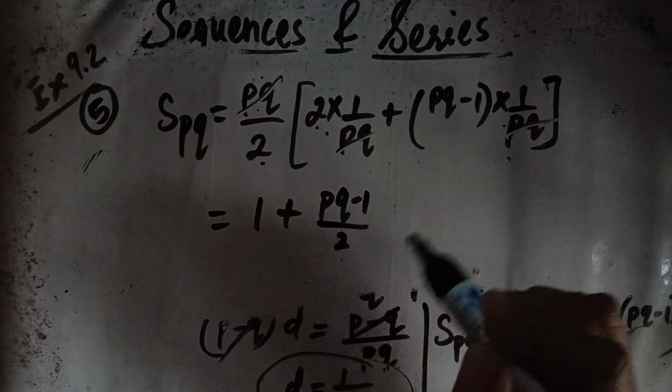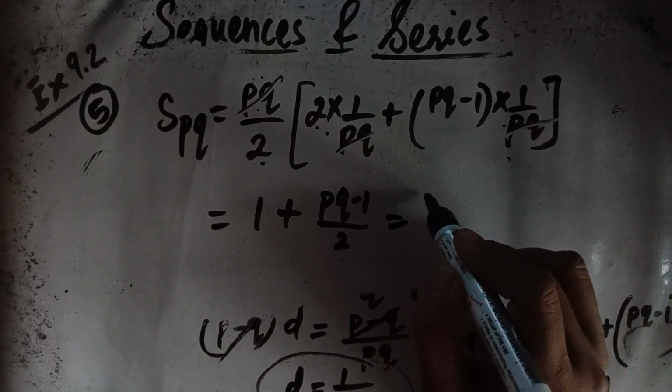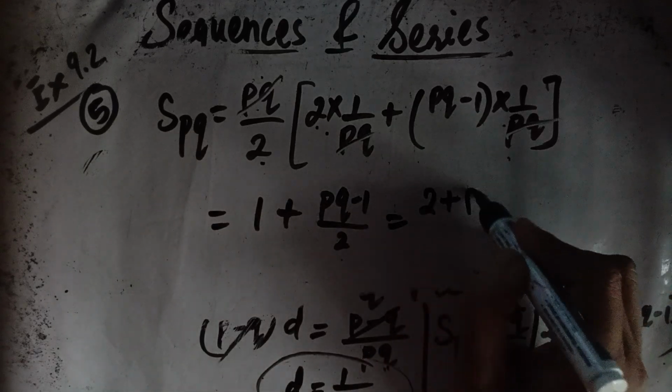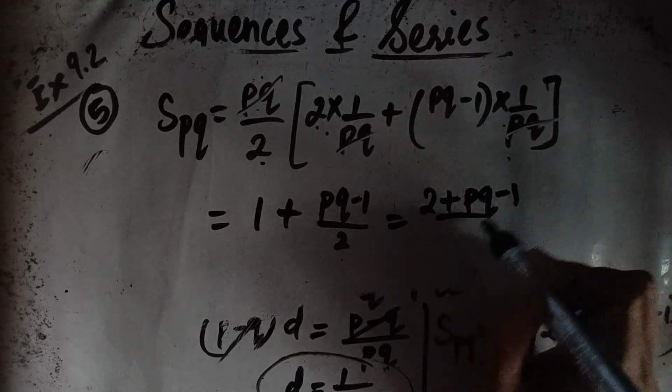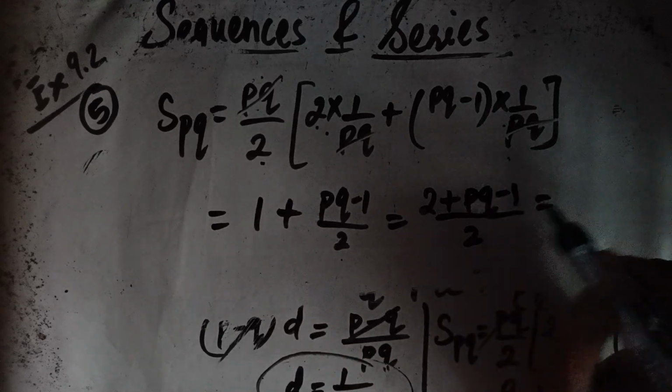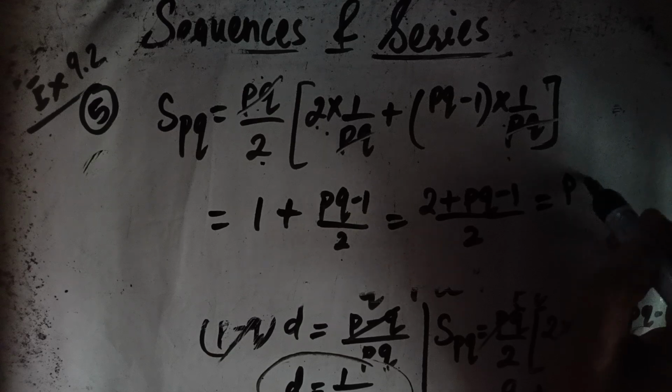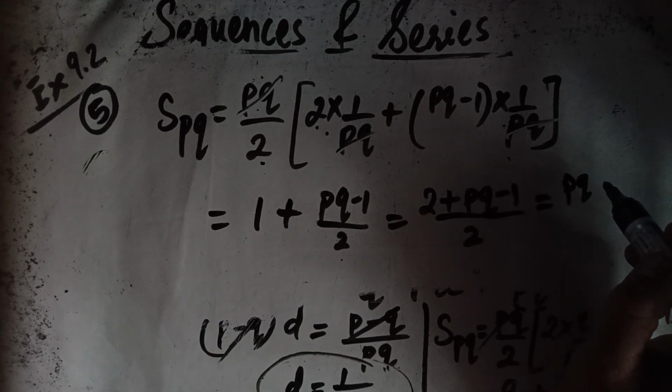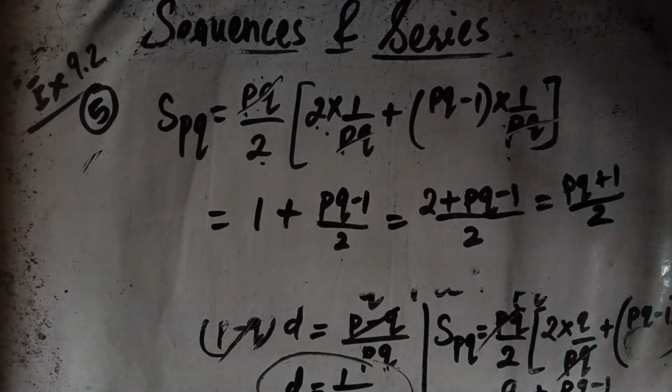Correct? So cross multiplying, 2 plus pq minus 1 upon 2. 2 minus 1 is 1. So pq plus 1 upon 2. Okay, this is your S pq.